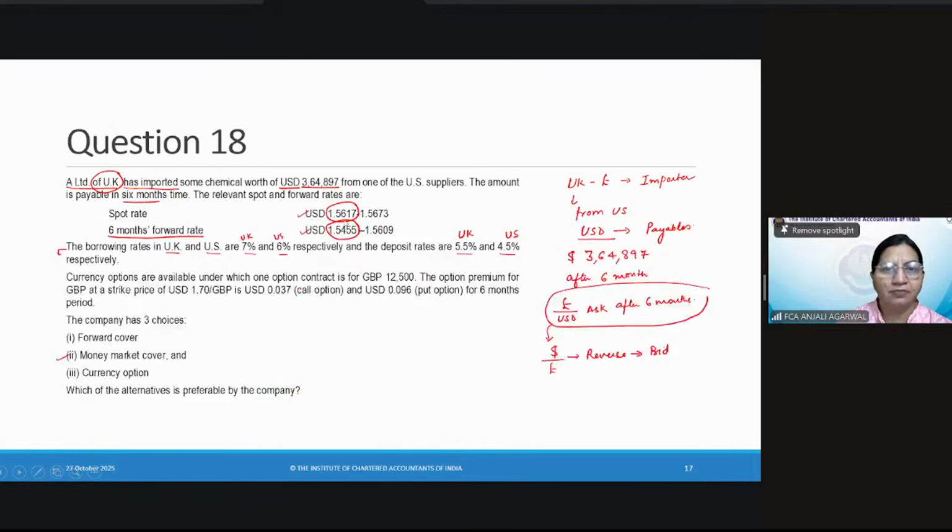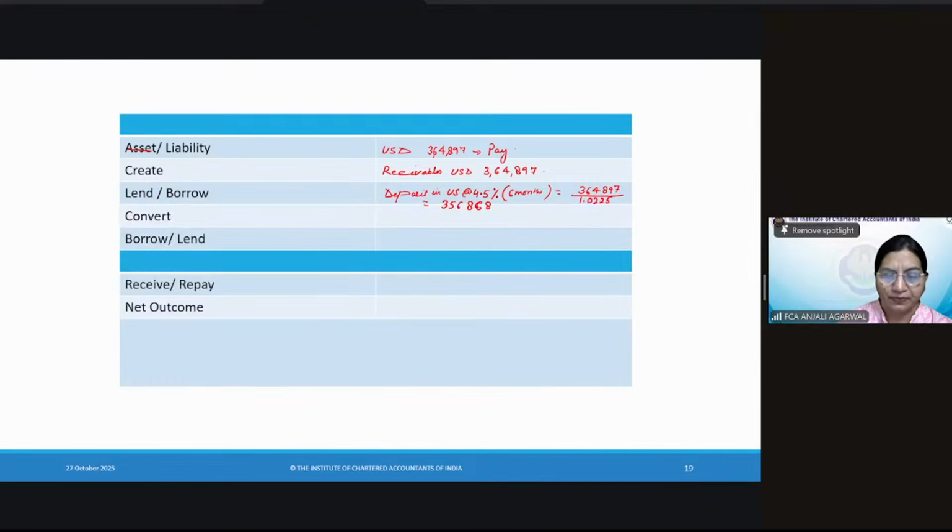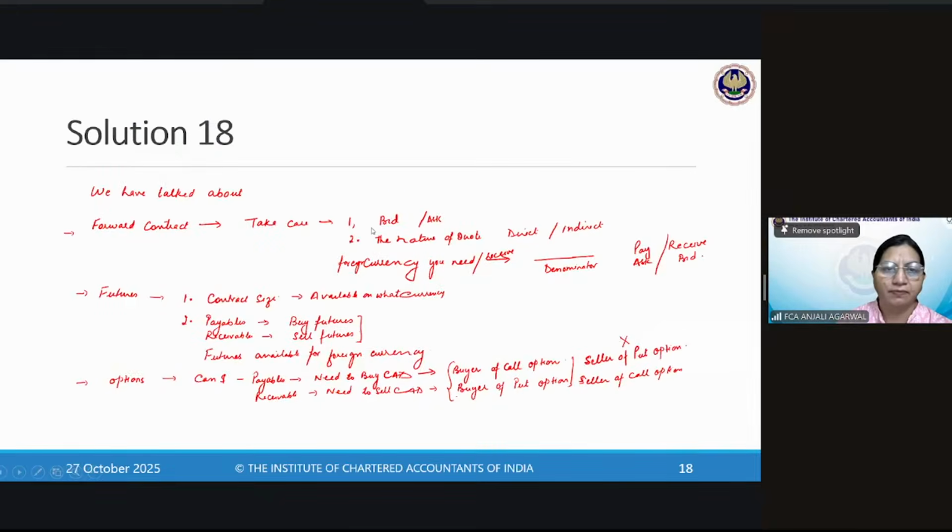And the current spot rate is 1.5617. So in order to be able to invest 356,868, I will need a little less than that. So 356,868 divided by 1.5617.